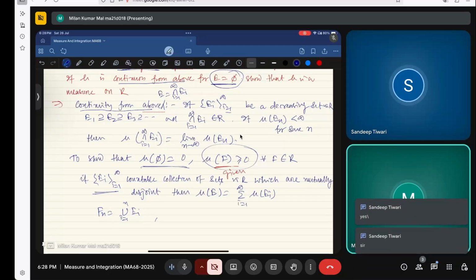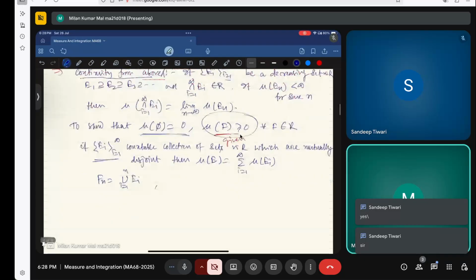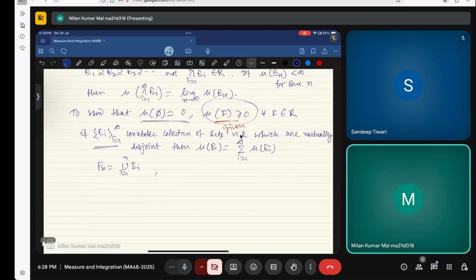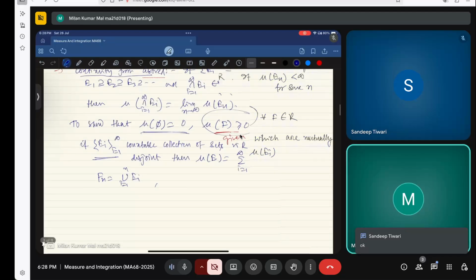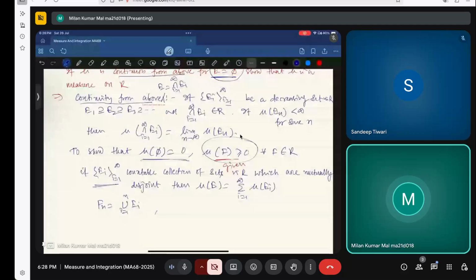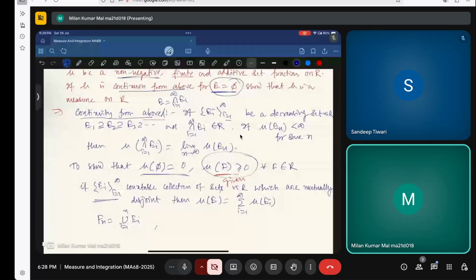I will do that later, because if I get the countable additivity, that may actually give it. So let me see how countable additivity can be obtained. We have to use continuity from above, where it is a decreasing sequence of sets.